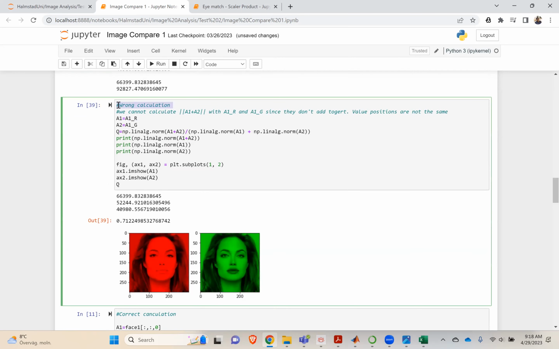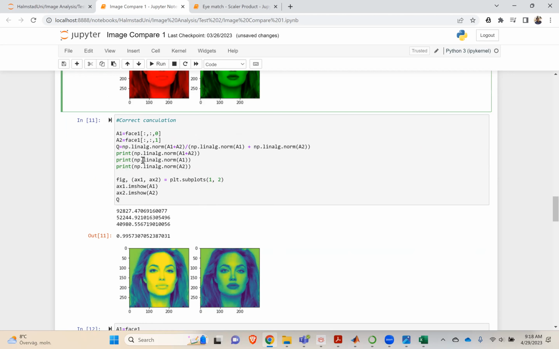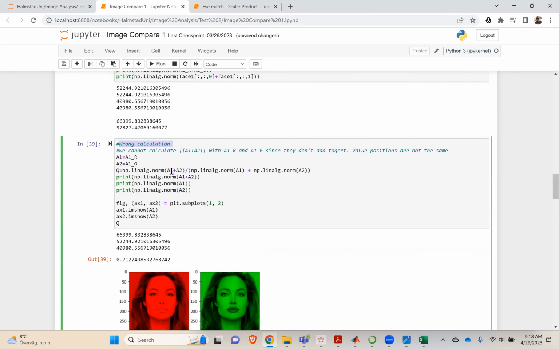oh no, this calculation is wrong. I'll make a comment. Because when you add them together, I can explain the mistake also. In here there are three arrays.